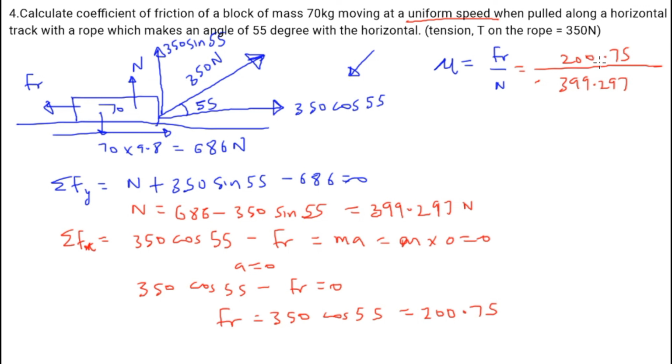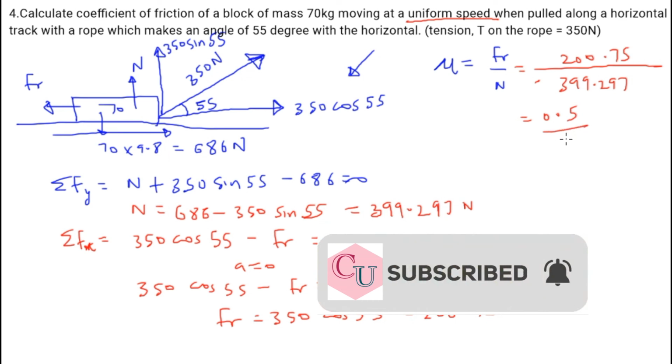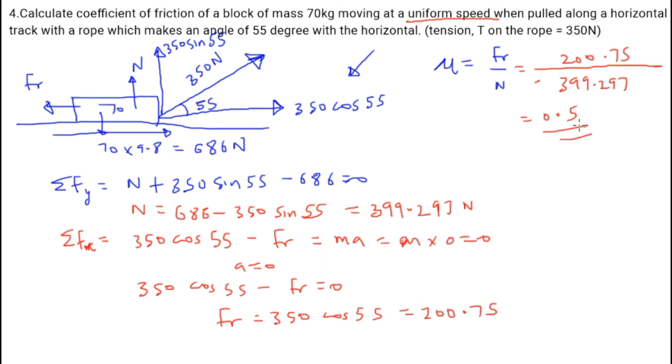That's supposed to be 0.5, and it has no unit. Anytime you find the coefficient of friction, if you have an answer that is greater than 1, then you know that something is wrong with your answer, because the coefficient of friction ranges from 0 to 1 depending on the material.